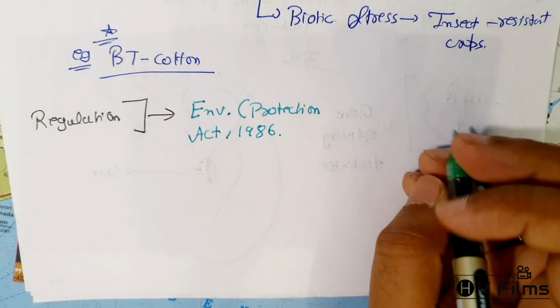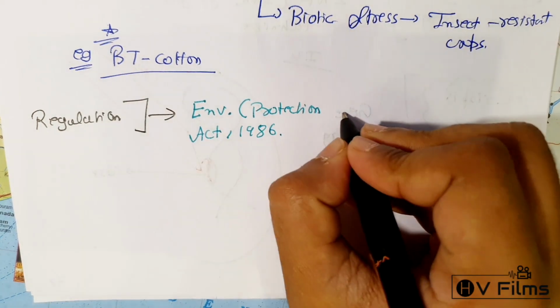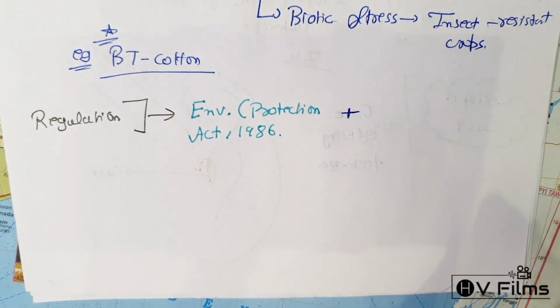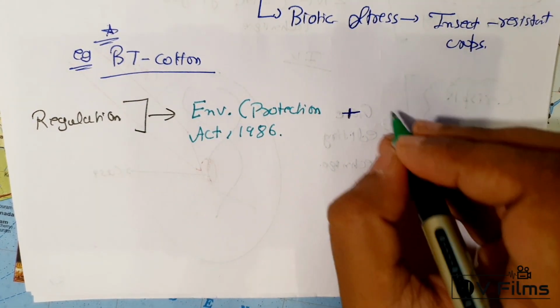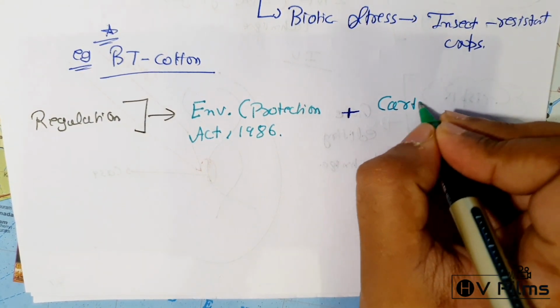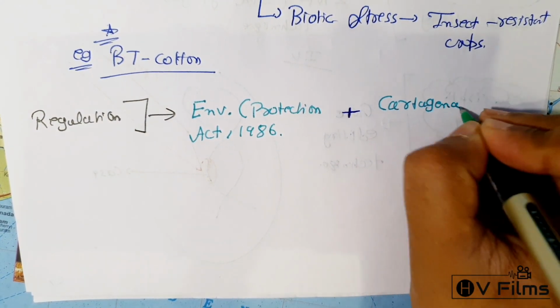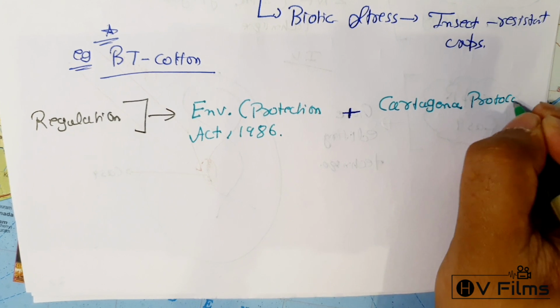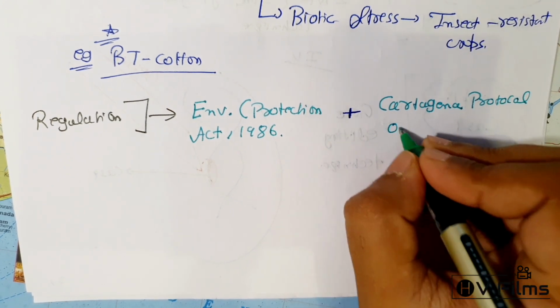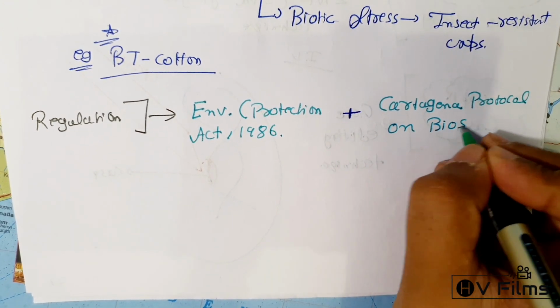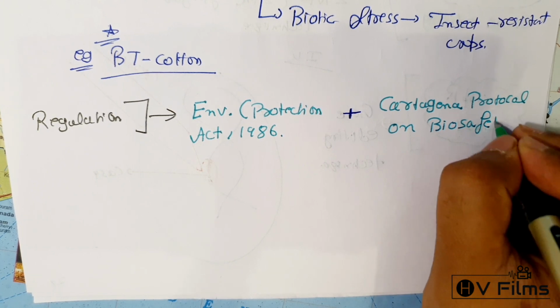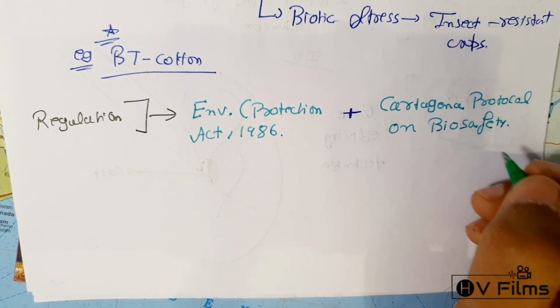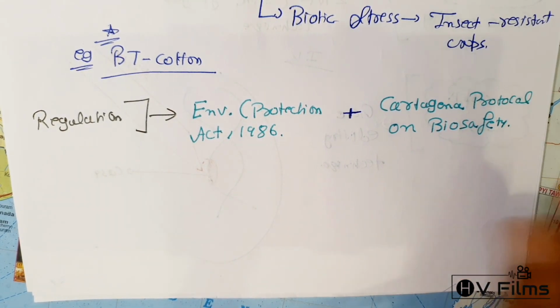Apart from that, India is also a signatory to the Cartagena Protocol on biosafety. You must have read about the Cartagena Protocol in the environment section, because I have discussed it there.